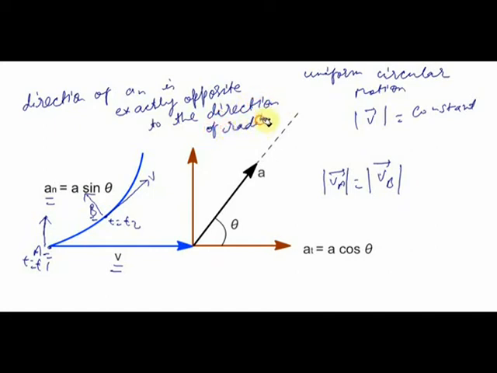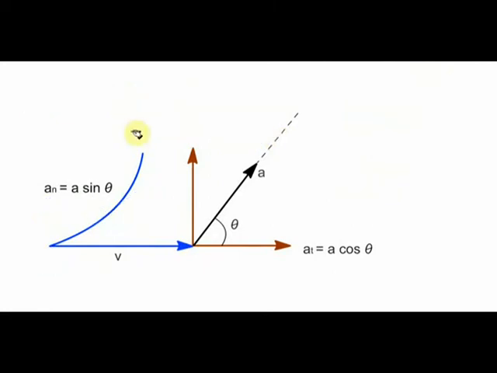So this is one point which you need to remember. So in the uniform circular motion there is only one acceleration which is acting upon the object, that is normal acceleration, which is responsible for the change in the direction of velocity vector.